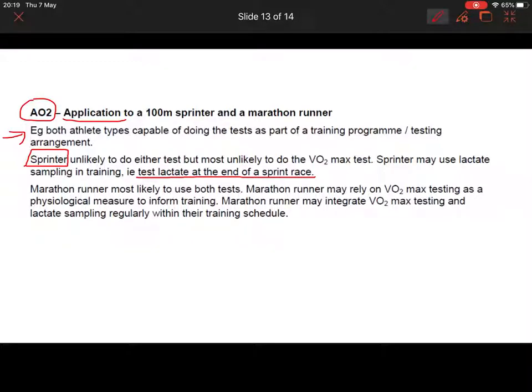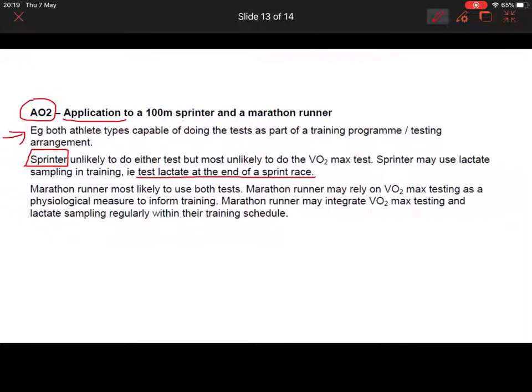Now, if you were training as a sprinter and you were competing, and let's say that you underperformed in a training run or in a competition, and you really couldn't put your finger on why, you may actually do a lactate sample to try and rule out whether you'd fatigued or whether you hadn't recovered from a hard training session or whatever. So a sprinter could use lactate sampling, but they're unlikely to use either really, but they could.